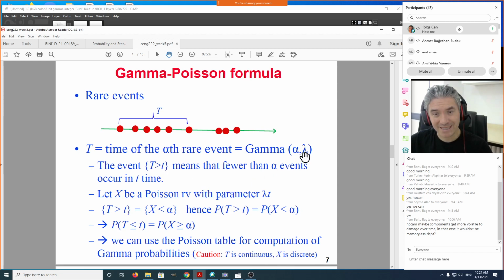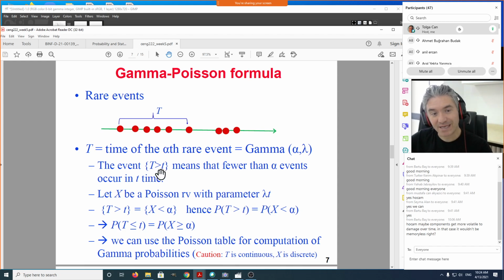If lambda is given in the unit of minutes, for example, if lambda is the occurrence of some event in a single minute, and you're asked what is the probability that I will have to wait more than 10 minutes, I define a new Poisson random variable with 10 minutes as its unit, so the number of events in 10 minutes.